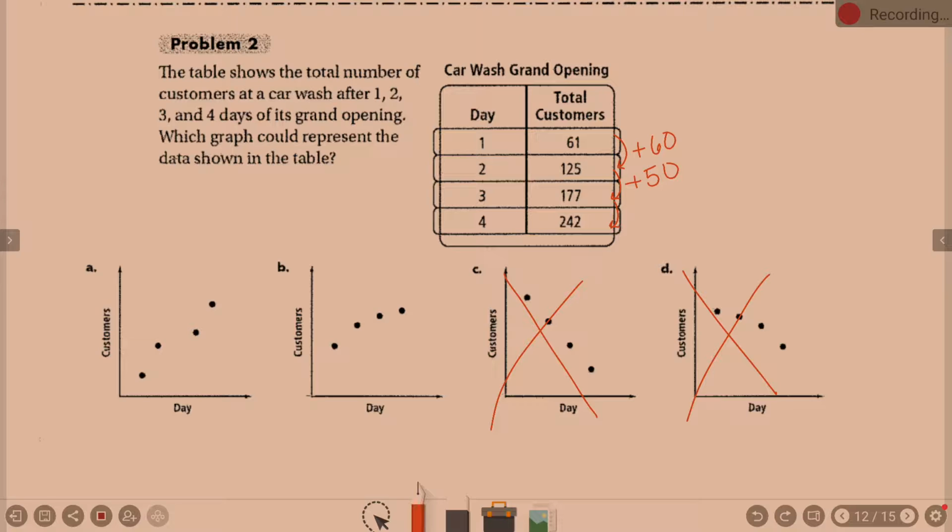I was just estimating. 177 to 242, that's about an increase of 70. So it's kind of up and down a little bit, isn't it? Here, a little bit more of an increase, less of an increase, more of an increase. Whereas this one is more, less, and less. So we do want to pick A on that one.